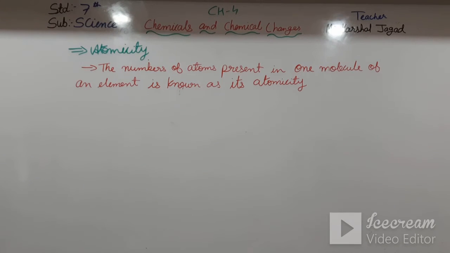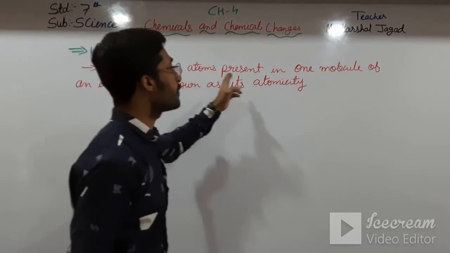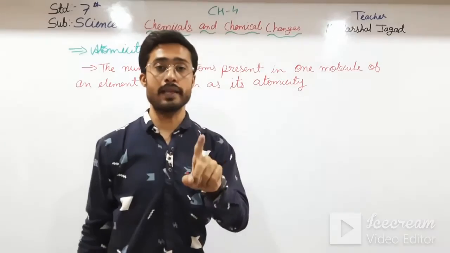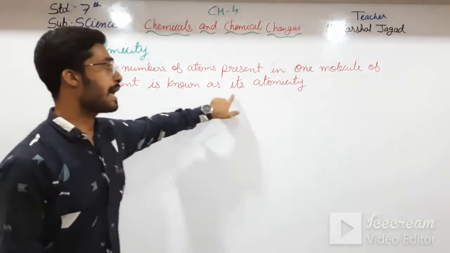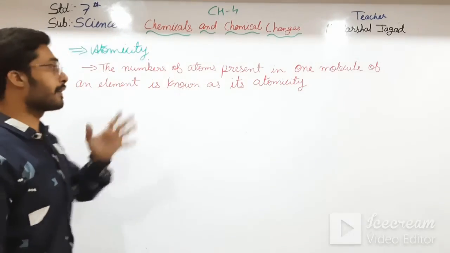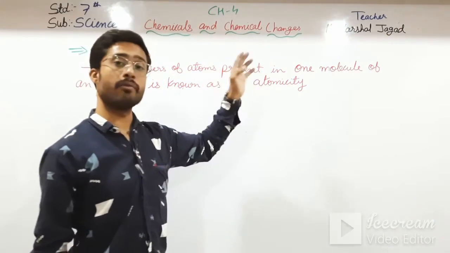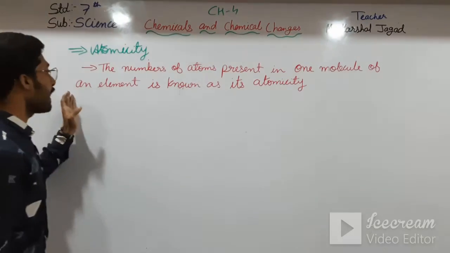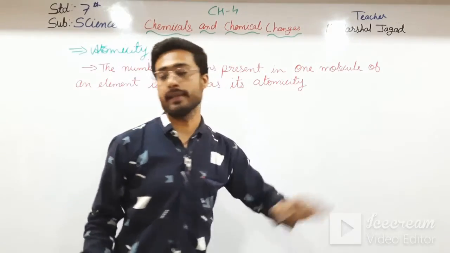So, what is atomicity, students? You have to remember this definition, that the number of atoms present in one molecule of an element is known as its atomicity. I am just reading it again. The number of atoms present in one molecule of an element is known as its atomicity.